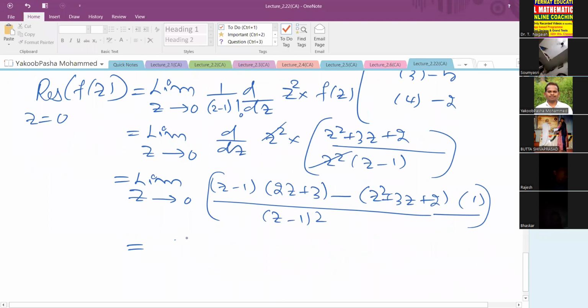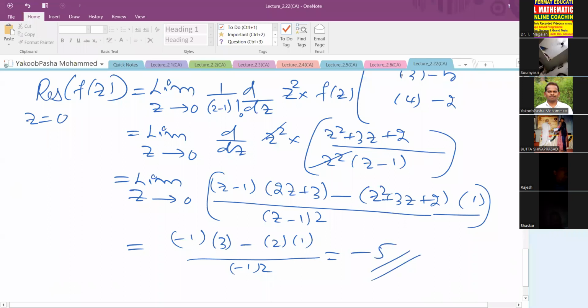You get minus 1 times 3, minus 2, divided by minus 1 whole square. This is equal to minus 3 minus 2, that is minus 5 by 1, equal to minus 5. So the third option is the right option. Option C.